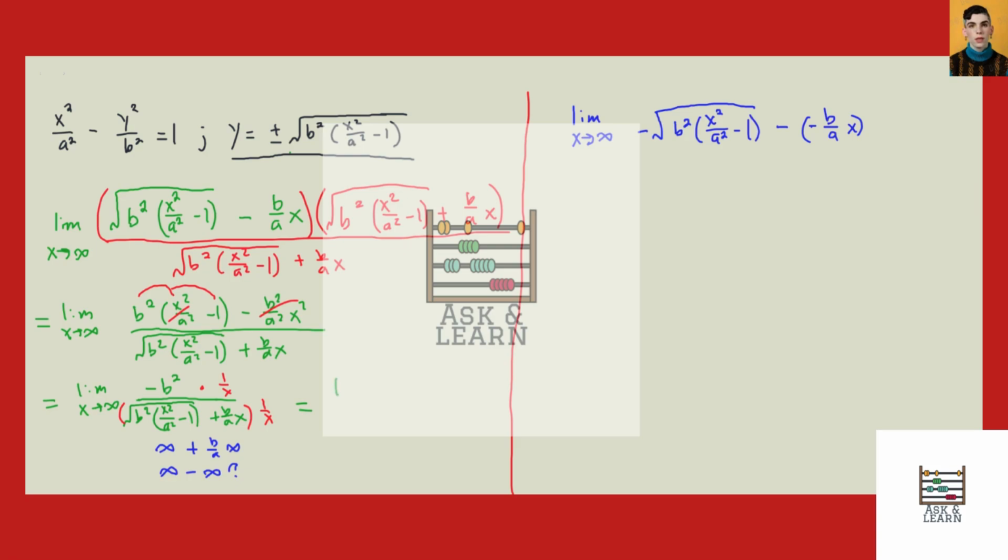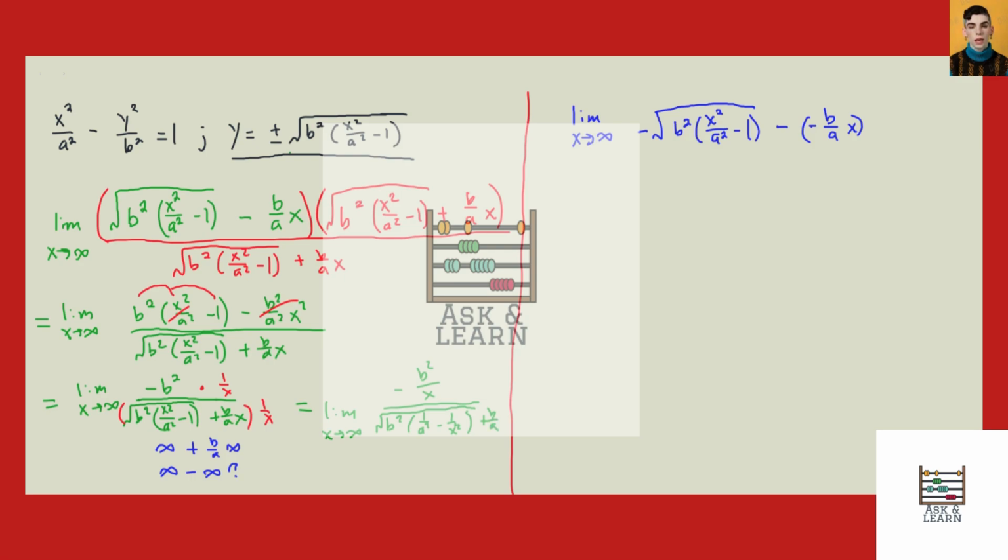So now doing this, we'll have the limit as x approaches infinity of negative b squared over x all over, and remember when we pull that 1 over x into the square root, we have to square it. So that's why it will cancel out with the x squared that we have in there. So it'll be b squared times 1 over a squared minus 1 over x squared, square rooted, and then just plus b over a.